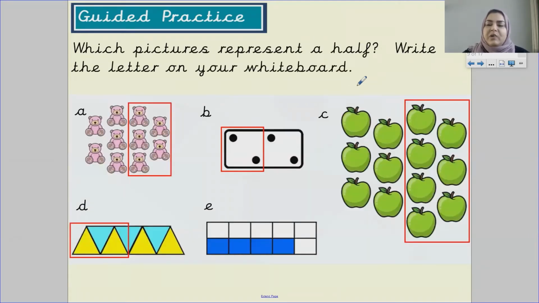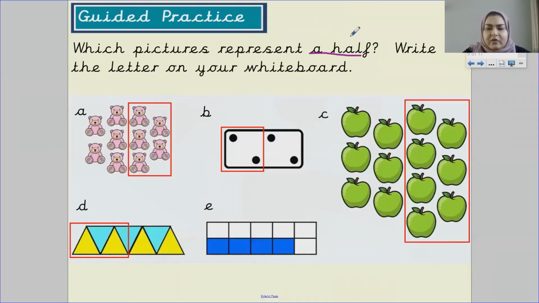Now, guided practice number 4. It says, which pictures represent a half? Write the letter on your whiteboard. If you can pause the screen and work out the answer, then come back to the screen when you are ready. Fantastic.